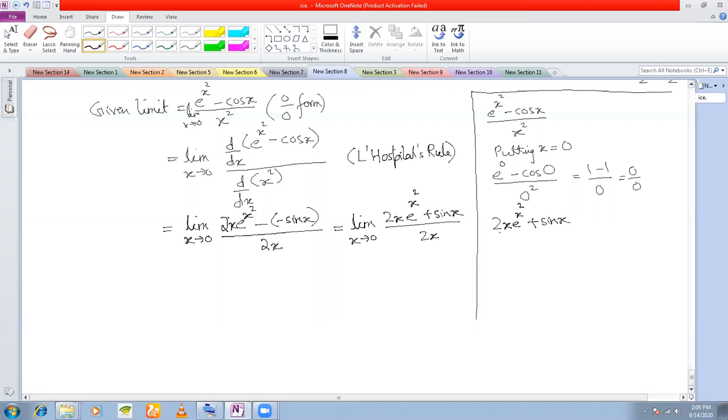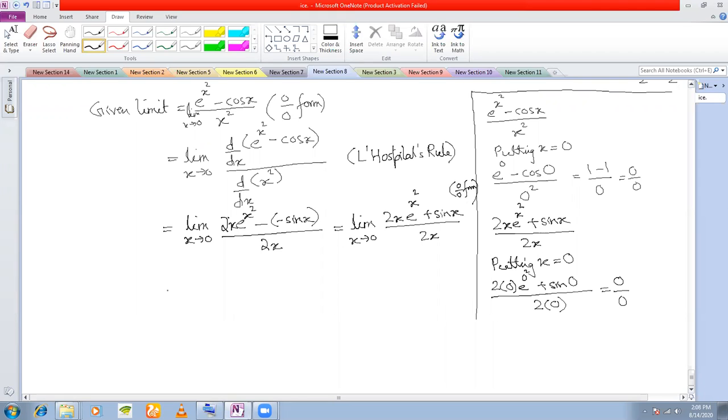Putting x equal to 0, 2 into 0 into e to the power of 0 square, which is obviously 0, plus sin 0 divided by 2 into 0. So what do you get? Again a 0 by 0 form.